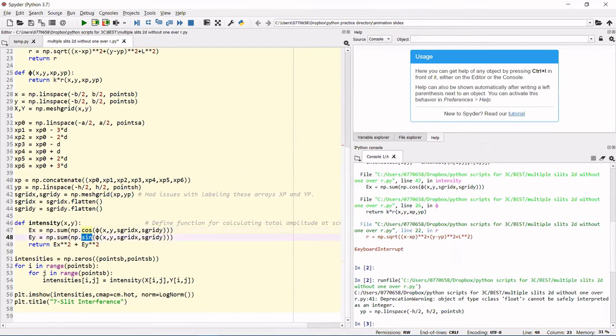The sine would give me the vertical. What I'm really doing in this line right here is calculating the horizontal projection of the phasors from each slit. Actually, it's even more than that, and I will talk about this more. I'm really looking at the phasors from the waves coming from each point within each slit.